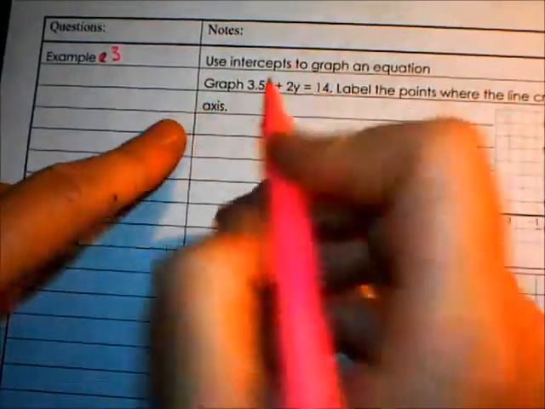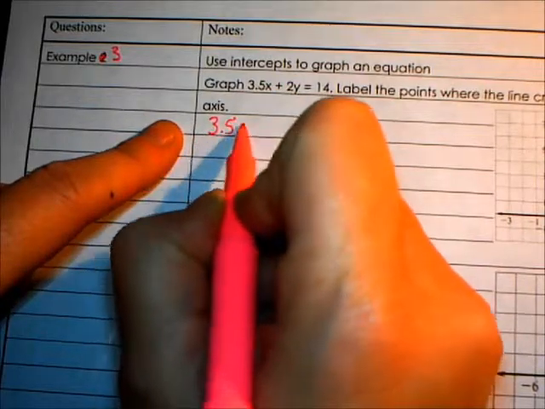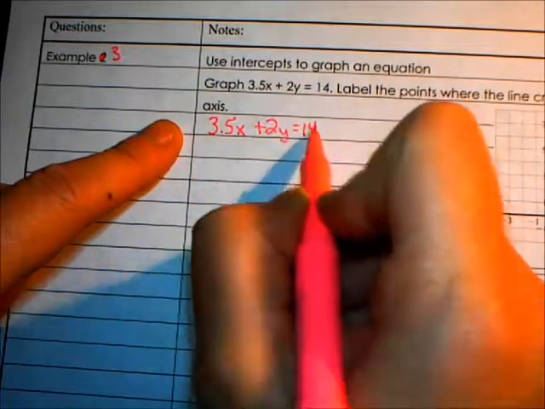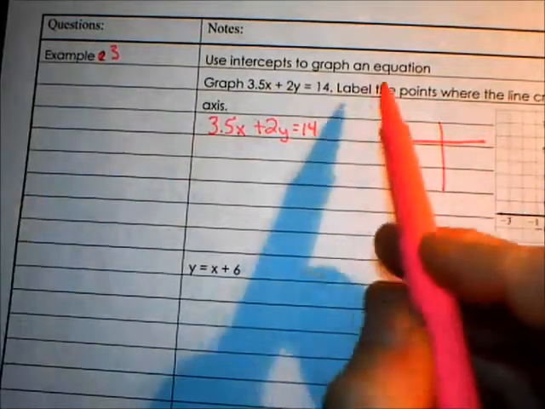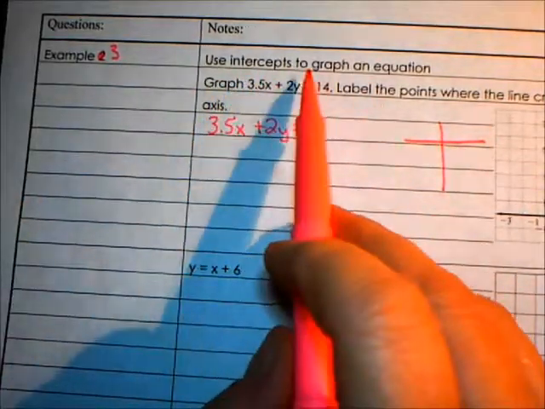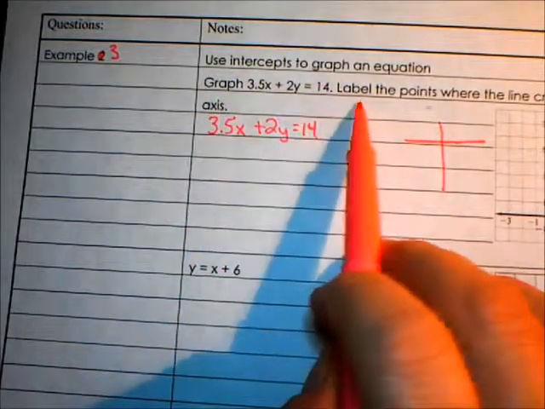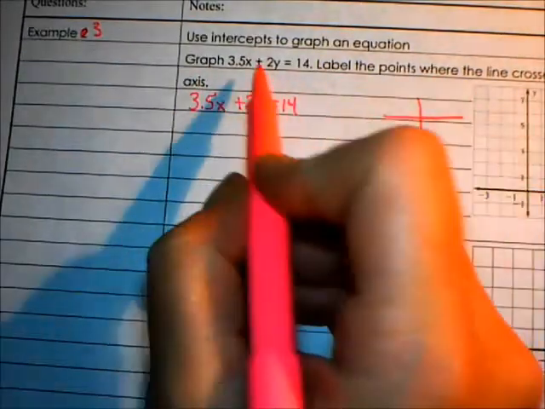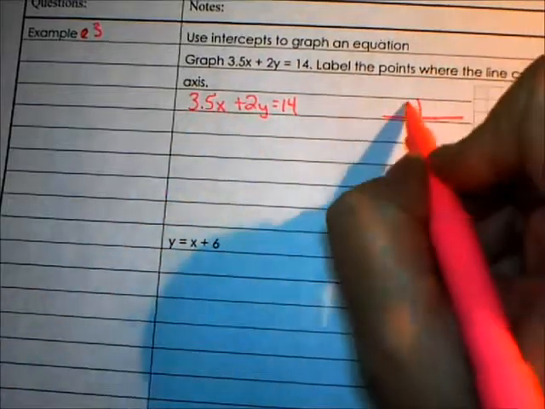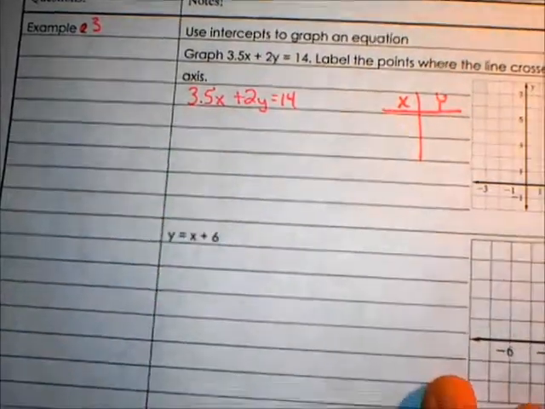They give me an equation. I'm going to write it larger. And they say, using the intercepts to graph the equation, graph this equation, label the points where the line crosses the axis. So they want me to place the points where the x-intercept and the y-intercept are.